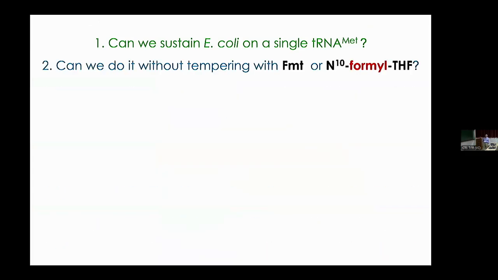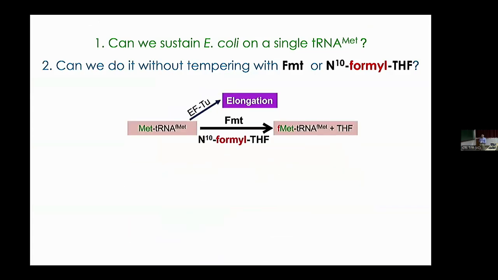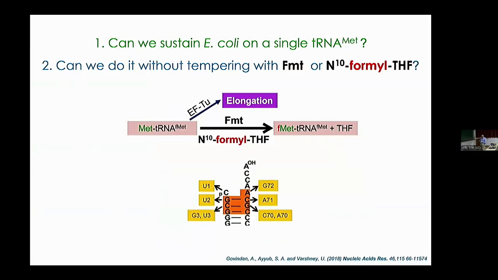And can we do it without tampering with FMT or N10-formyl tetrahydrofolate? And if you look at this scheme here, this we don't want to tamper, this we don't want to tamper. The only thing that we can tamper would be this tRNA itself. And as I mentioned to you, the acceptor stem region is very crucial for formylation.